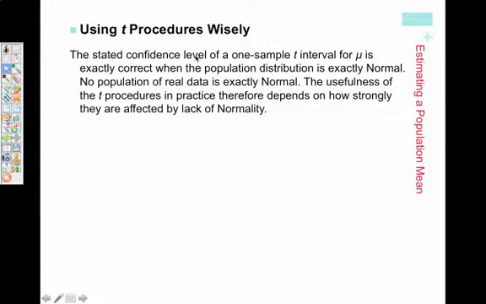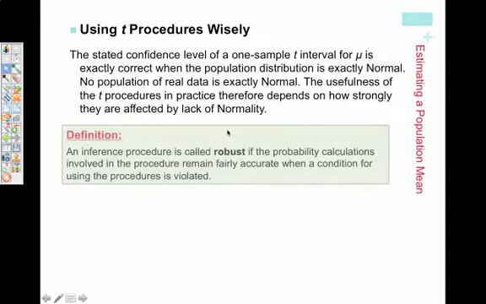This process, this confidence level, is exactly correct when the population is exactly normal. But most populations aren't exactly normal. They're only approximately normal. The usefulness of the T procedure depends on how strongly they're affected by lack of normality.